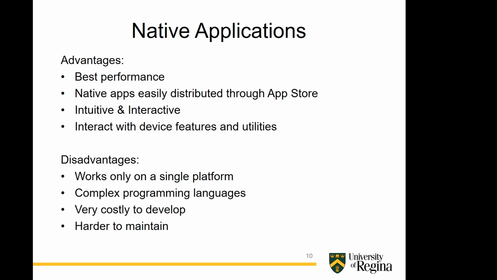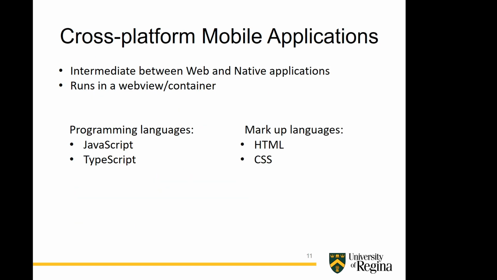If you are a small business or a startup, some of the things make it risky or even impossible for native to be your first choice. Which is why we will talk about the cross-platform mobile applications, which are far more suitable for startups and small businesses. Lastly, we have the cross-platform mobile applications, also known as hybrid applications.